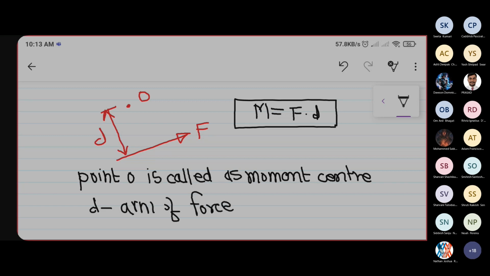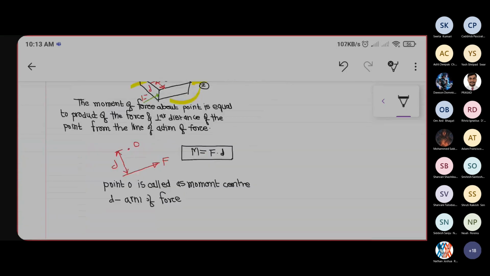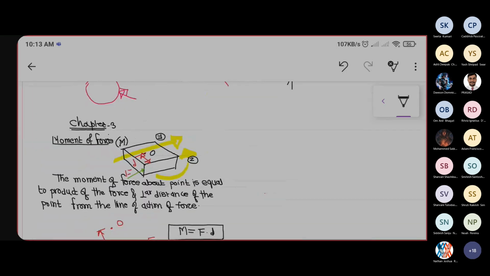So what is moment? Moment is a force acting eccentrically, which creates a rotation effect on a body. It is denoted by capital letter M and is given by the product of the magnitude of the force and the perpendicular distance of the force about which point it is moving.